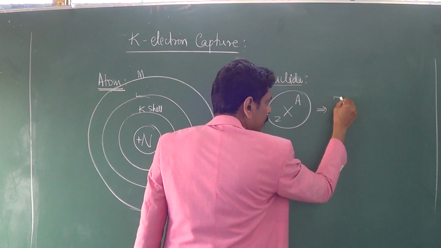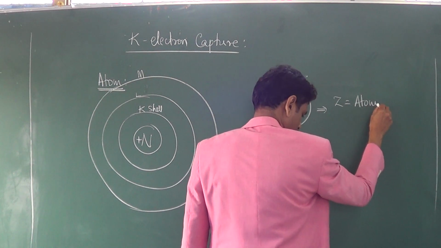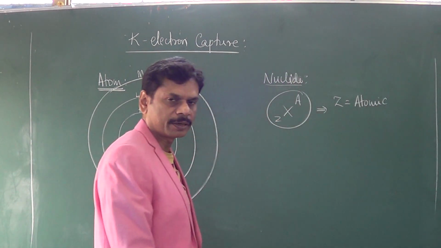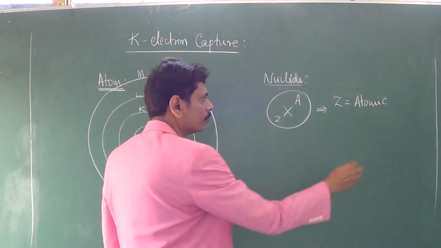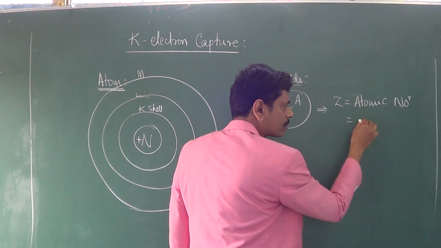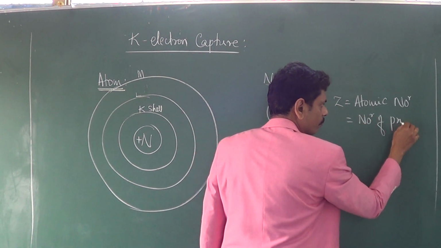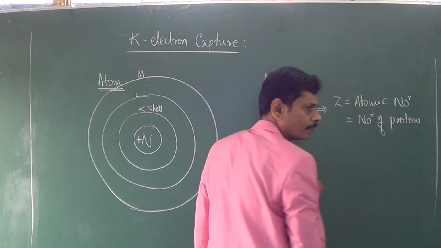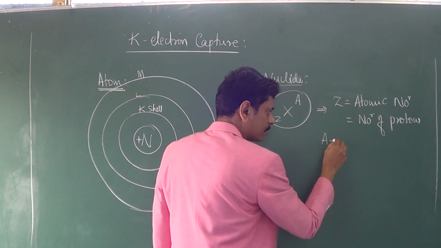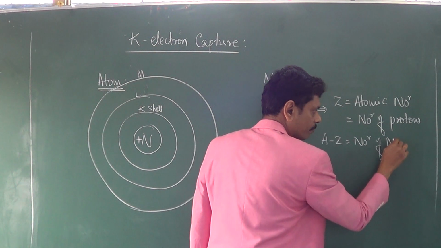Here, Z represents the atomic number, which is the number of protons, and A minus Z represents the number of neutrons.